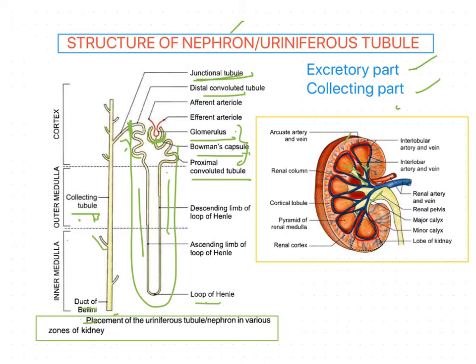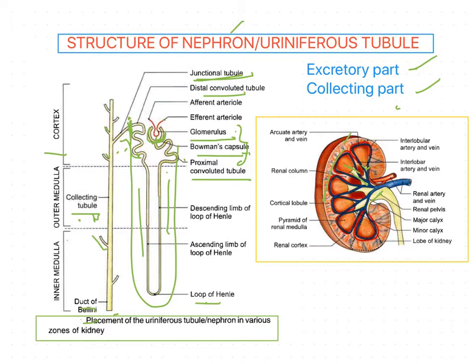At the cortex level, the parts included are the glomerulus, Bowman's capsule, proximal convoluted tubule, distal convoluted tubule, junctional tubule, and some part of the collecting tubule. All these parts are present in the cortex.